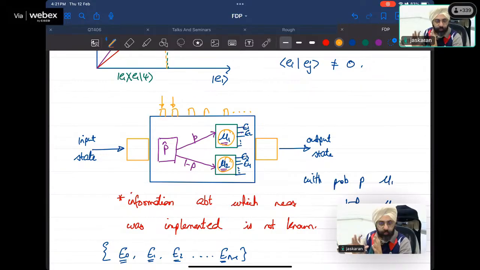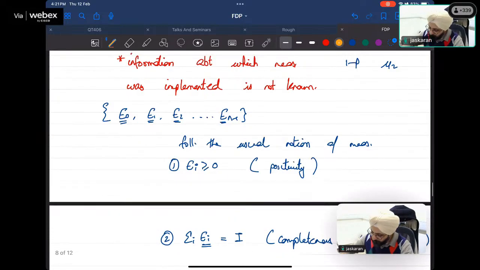But we don't know at which instance which of these measurements is taking place. That is removed from our knowledge. We can select whether we are implementing sigma z, sigma x, sigma y, or whatever be the observable corresponding to mu1, mu2, mu3, and so on. But which one is implemented, we don't know. Okay, so this is very important.